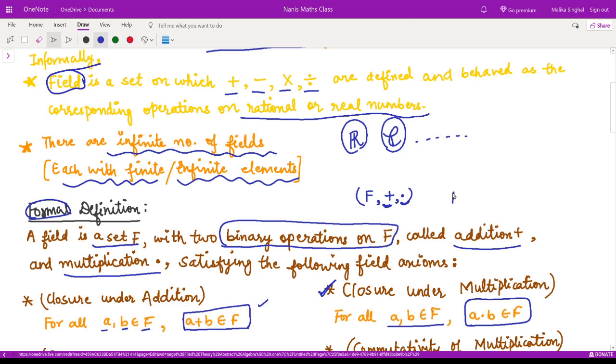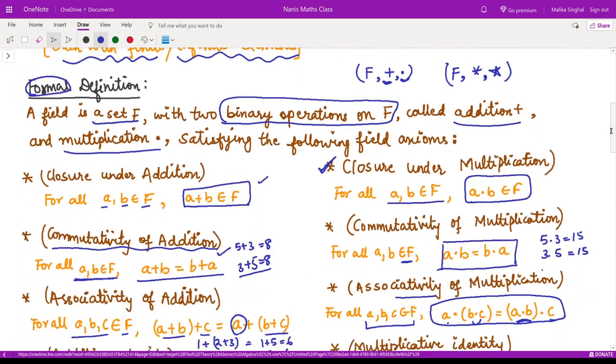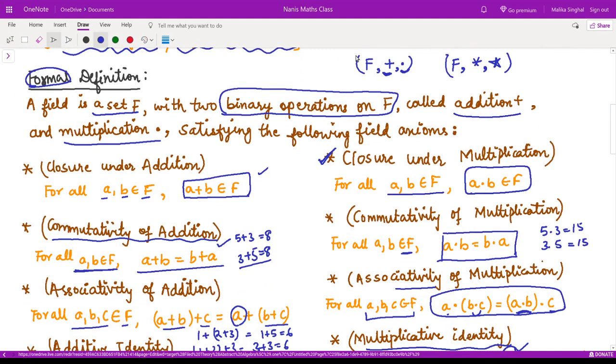Instead of addition and multiplication, I could have some other binary operation star. In that case, we are going to get a different field with different kinds of properties, but this is the most common field that we have, with the most common operations, addition and multiplication, right?